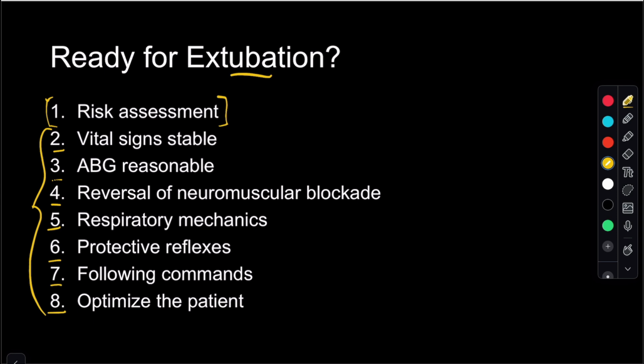So when you come to the end of a surgery and you're considering extubating the patient, the first thing to think about is whether this patient was a difficult intubation or difficult to mask ventilate, or if you were suspicious that these could be problems, and whether you have the equipment in the room and would be ready to reintubate or mask ventilate if needed.